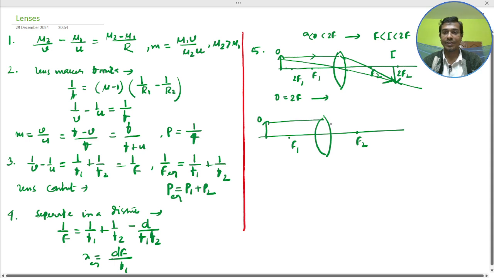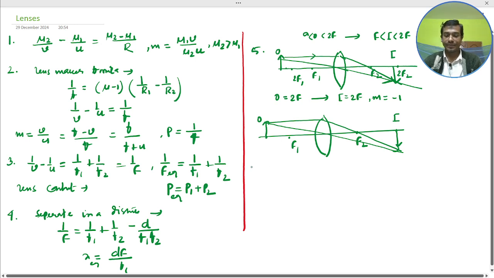Light goes in this direction and passes through the focus. So the image would be at 2f also. Here the nature is real, inverted, and m equal to -1.